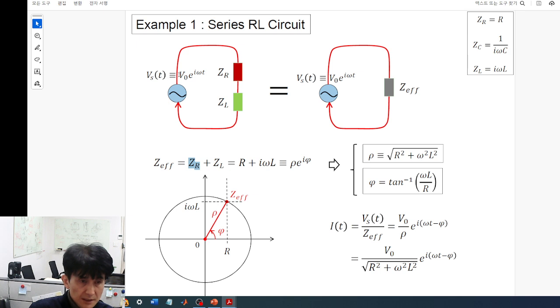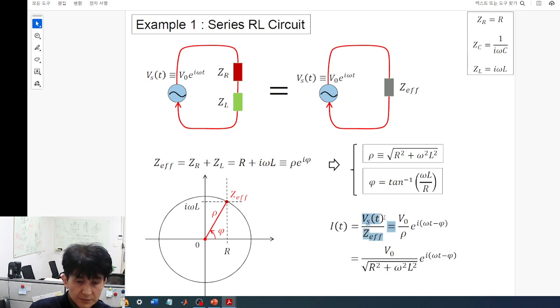As the voltage is given as V0 e to the i omega t, we can consider this one element whose Z effective is given as rho exponential i phi.